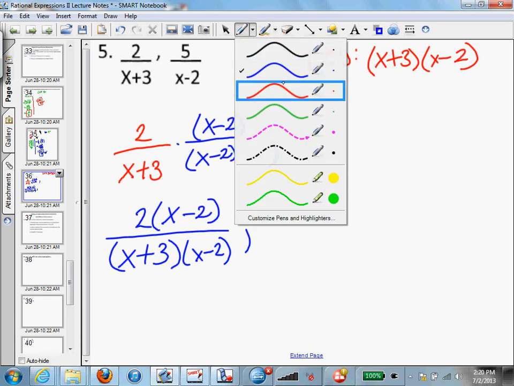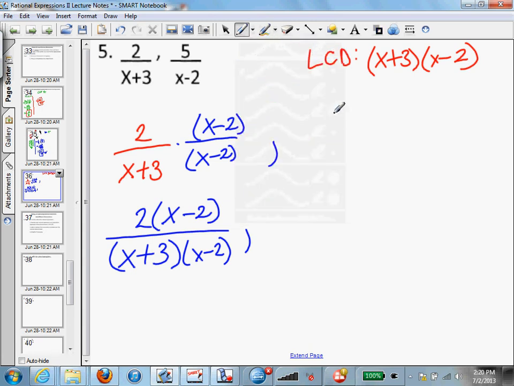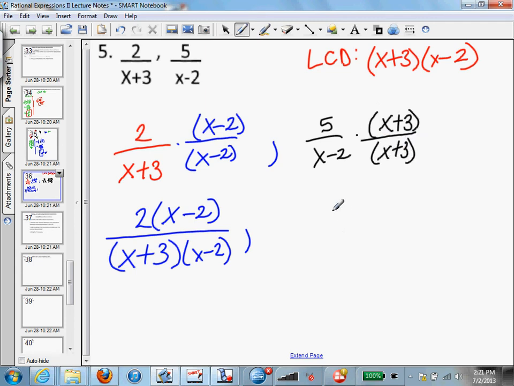Okay, now looking at 5 over x minus 2. Now we have x minus 2 in the denominator, but we need the x plus 3. So to do that, multiply by the other denominator as a fraction of 1. So x plus 3 over x plus 3 is what we're going to multiply by.